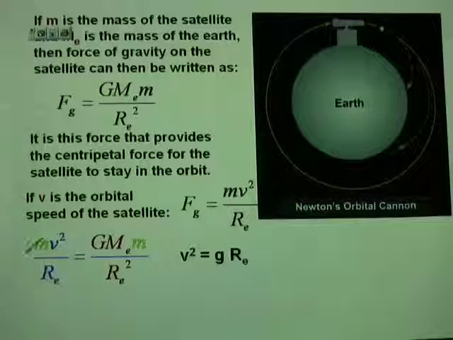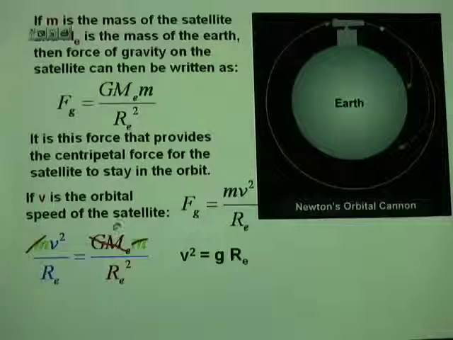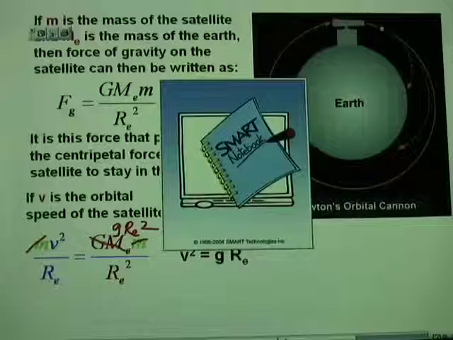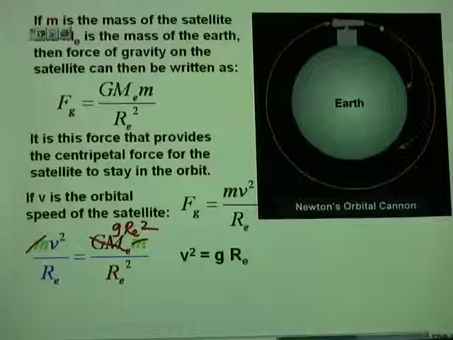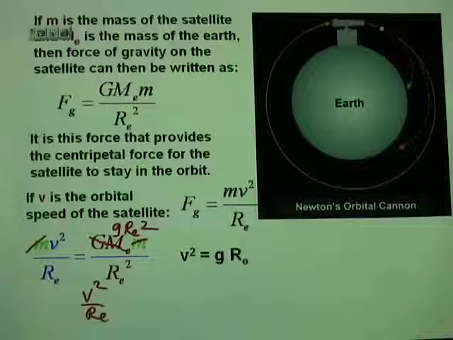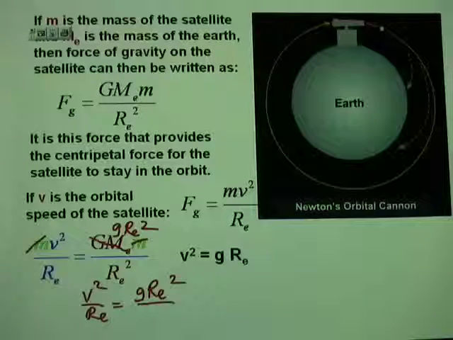I'm going to cancel the m and the m and replace the G ME by g RE squared. Now if G ME is g RE squared, you can have v squared over RE equal to g RE squared over RE squared.